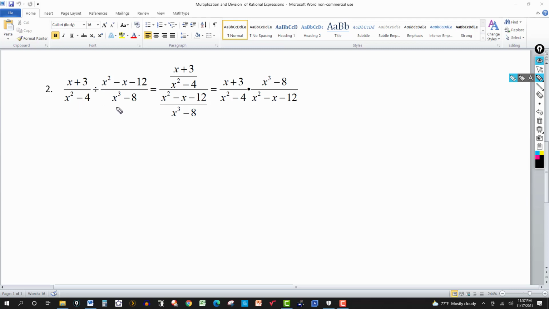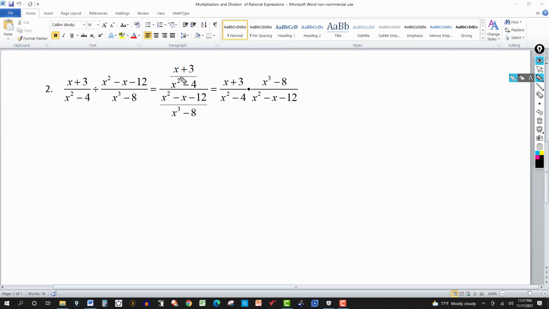So I wrote it this way, and keep in mind sometimes I'll give it to you in this format, writing x plus 3 over x squared minus 4 quantity over x squared minus x minus 12 over x cubed minus 8.